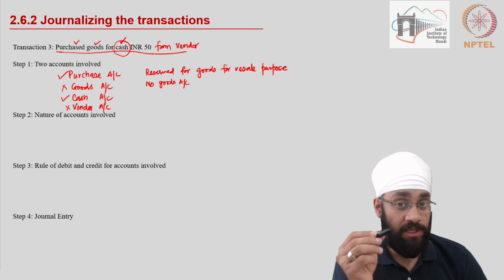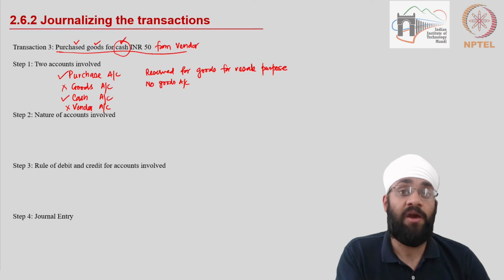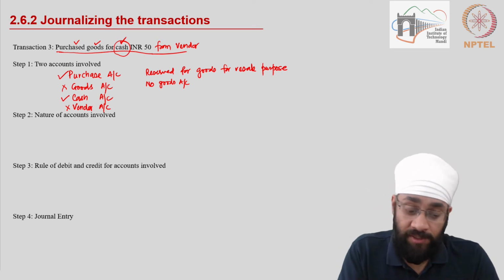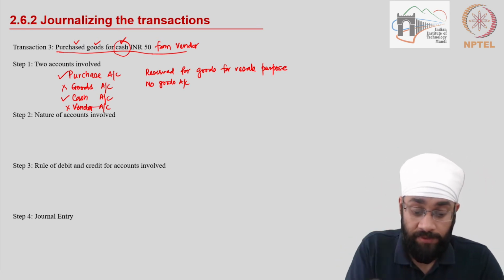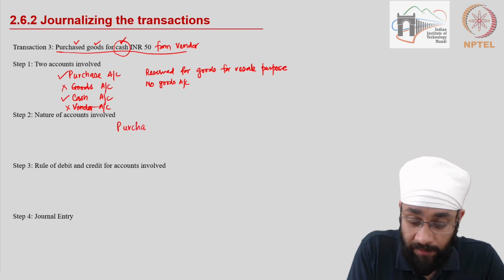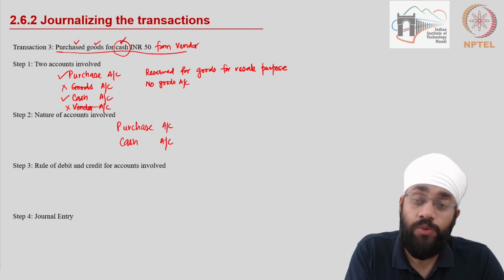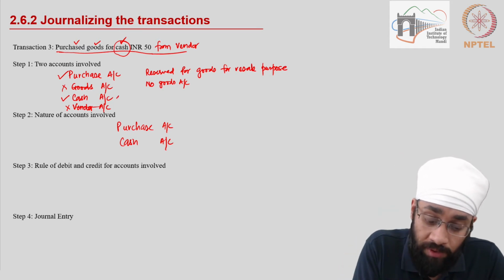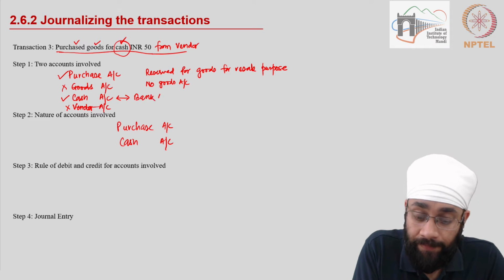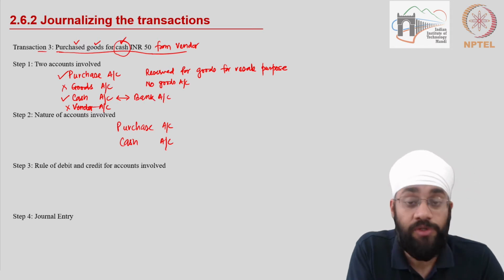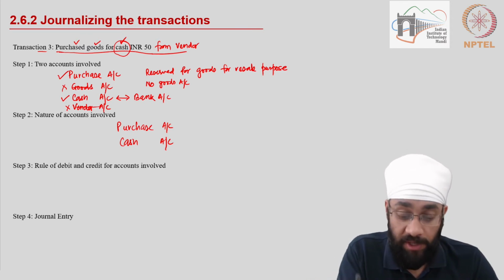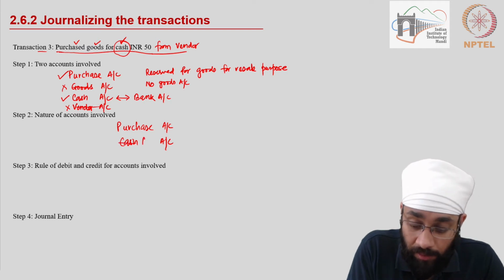So purchase account is the other account. Purchase account has inherent in itself the goods account. What are you purchasing? You're purchasing goods. So you don't have to worry about these two accounts. So identified, you have purchase account and you have cash account. And since we set a rule that all transactions are going to go through bank, we are going to replace cash with bank account. So although the transaction says purchase goods for cash, cash has been deposited in your bank, right? So basically cash would reflect that payment is done. So instead of cash, I'm going to now write bank account.